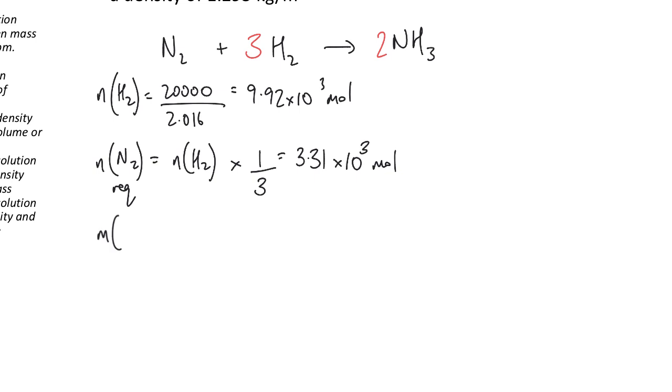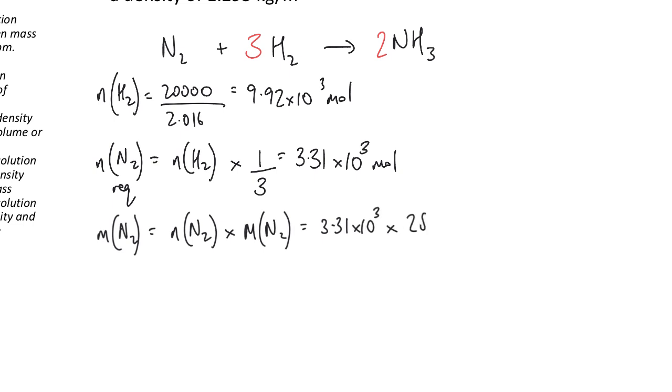The mass of N2 will be equal to the number of moles of N2 times its molar mass, which is 3.31 times 10 to the 3 times 28.02, which is 9.27 times 10 to the 4.